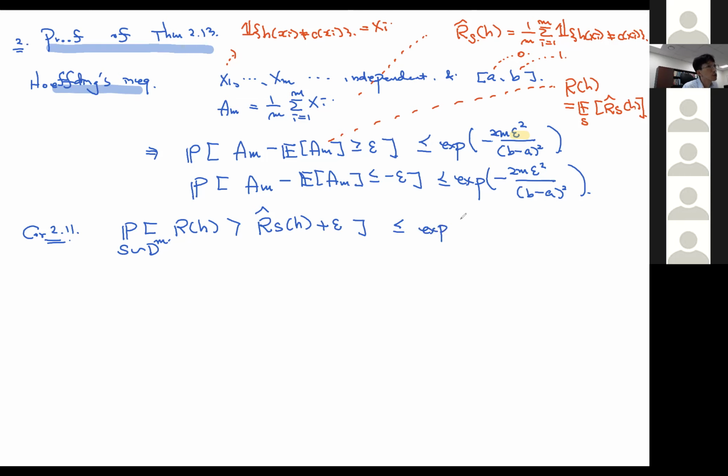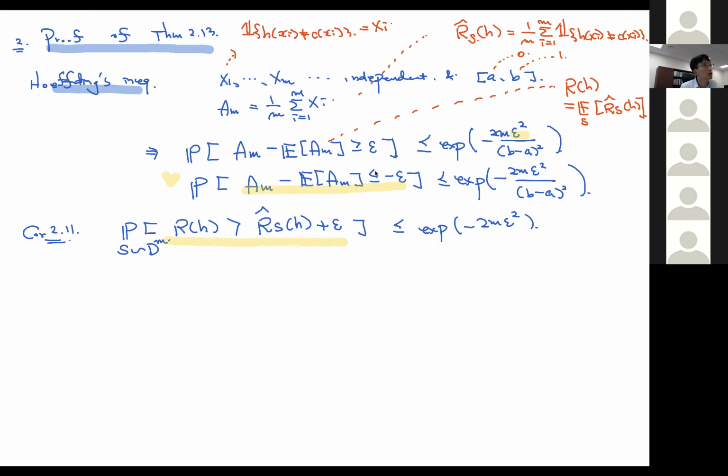And how can we get this? This statement corresponds to the statement above here. If you move epsilon to the other side and the expectation to the other side in the statement above, and then strengthen it, that's okay, because we are computing an upper bound of the probability.